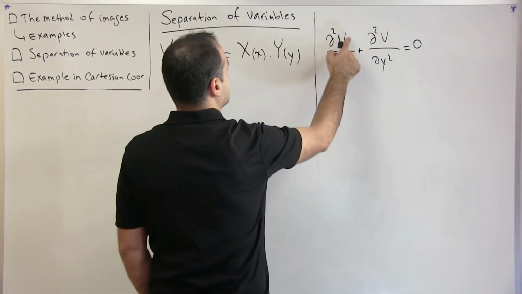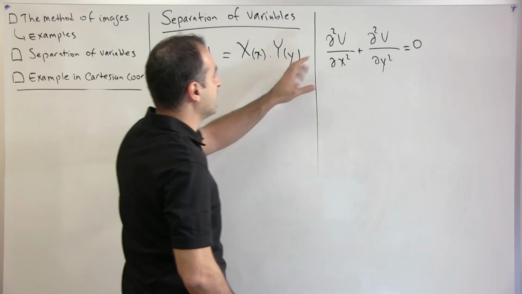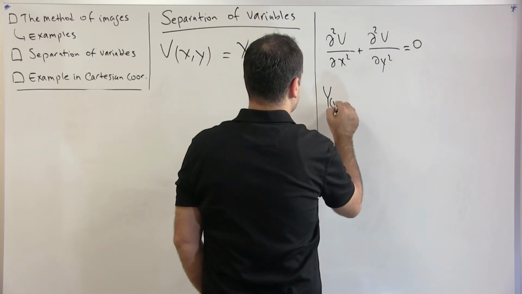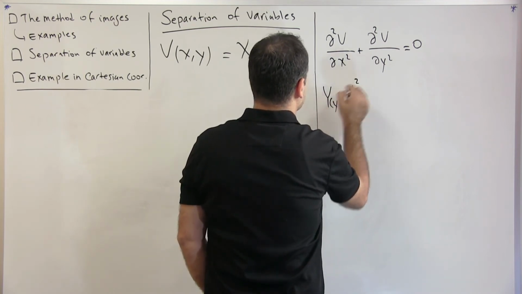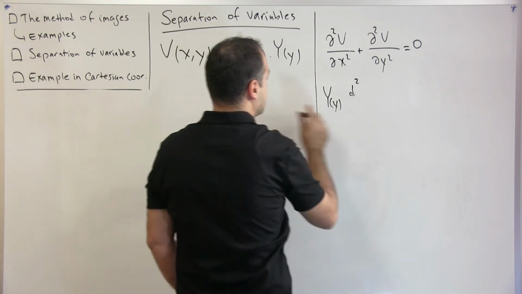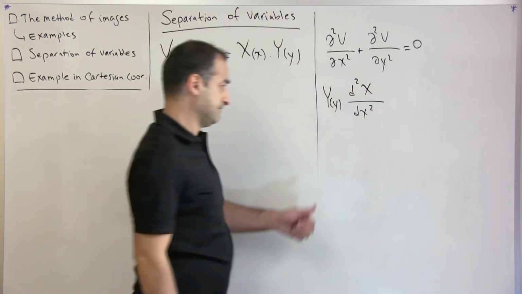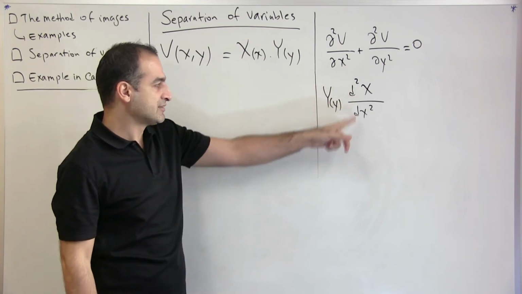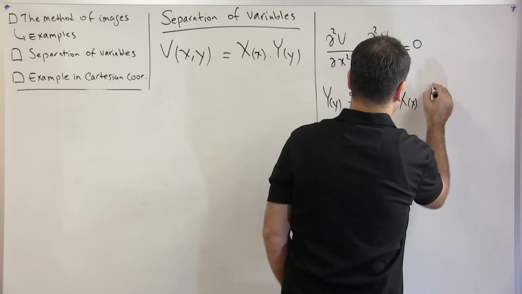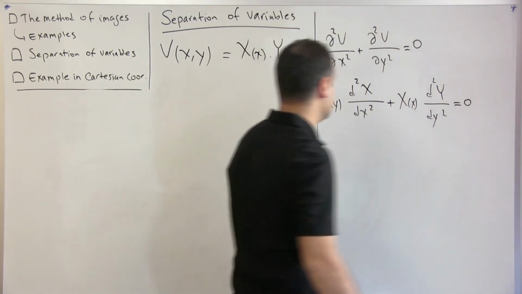In the second derivative of V with respect to x, Y is only a function of y, so if we take this derivative, Y becomes a constant. So we get Y, the function that is only a function of y, times the second derivative of X with respect to x. Because X is only a function of one variable, it becomes not a partial but a regular derivative. So from the first term we get Y times d2X over dx2. And for the second term, we get X times d2Y over dy2, and that becomes 0.